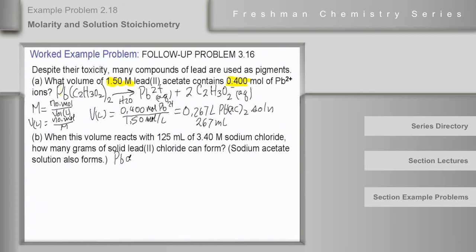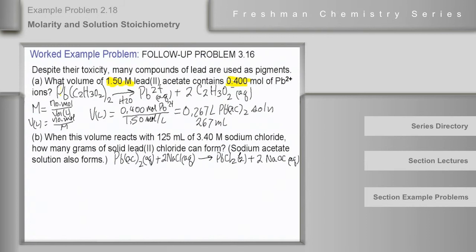Pb(AC)2 aqueous, plus, I'll balance this, 2 NaCl aqueous, goes to PbCl2 solid, and here I know this is solid because I know the solubility rules, plus 2 NaAC, sodium acetate, aqueous.